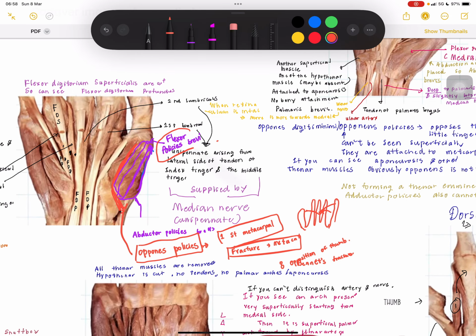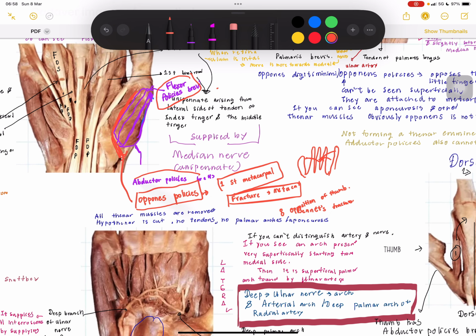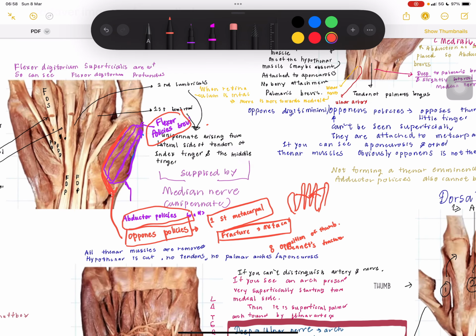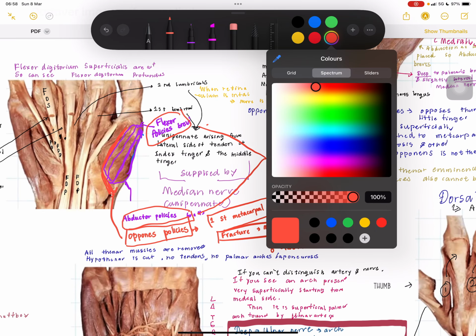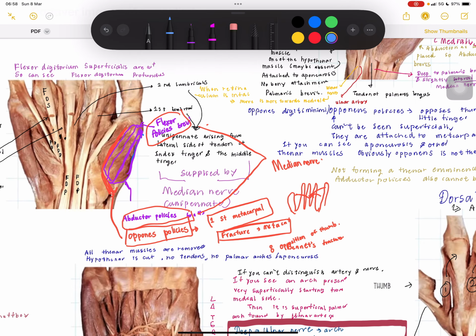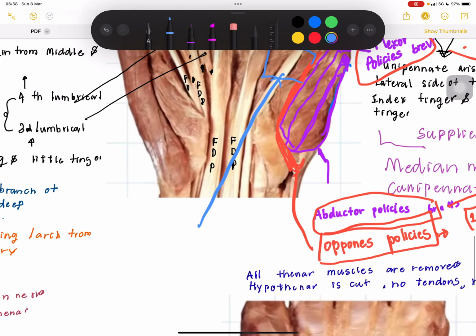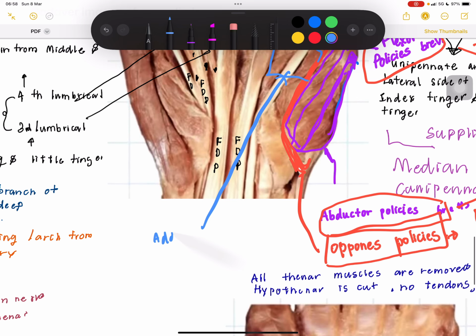And all these thenar muscles are supplied by the median nerve. But we have another horizontal muscle which is not shown here, which is adductor pollicis.